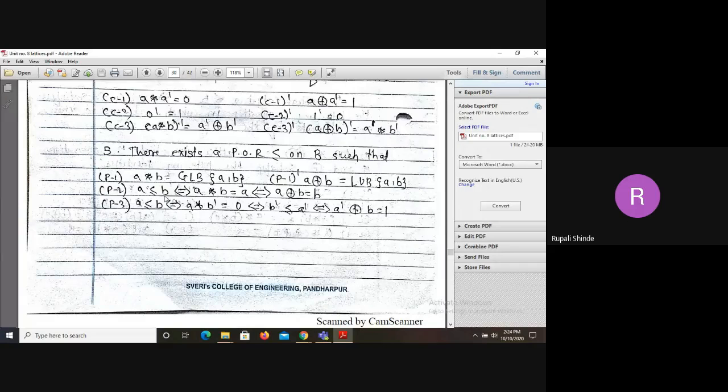Now A is less than B means A will be placed below B. Just imagine A is placed below B. Now A star B means greatest lower bound of A and B. If you perform star operation on A and B, you will get A as an answer, because greatest lower bound of A and B is A, and least upper bound of A and B is B, because B is the greatest element there.